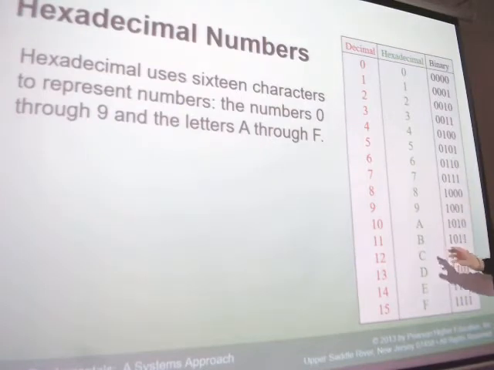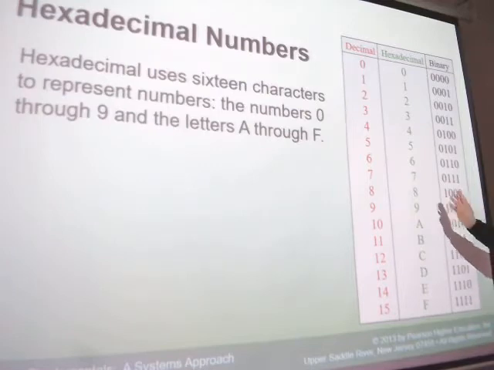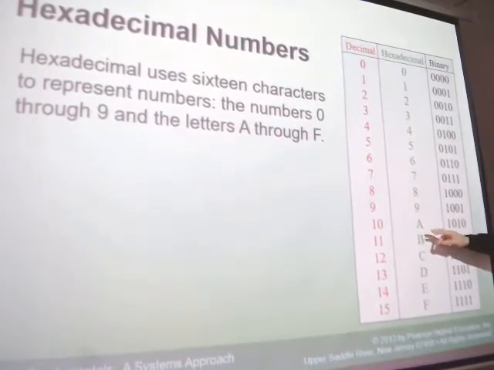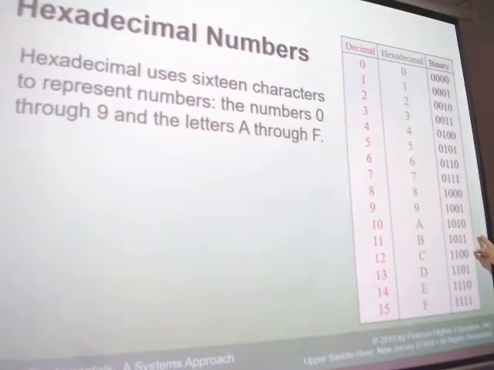If we know the hexadecimal number, how to convert it to a binary number? Do you know? Hexadecimal to binary. Yes.